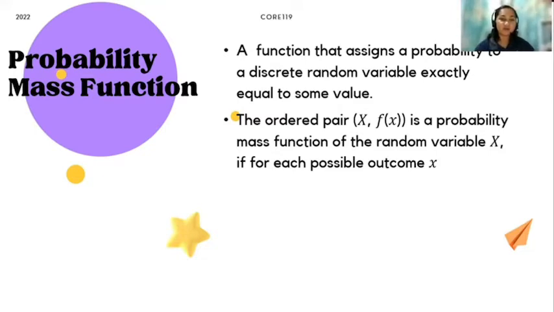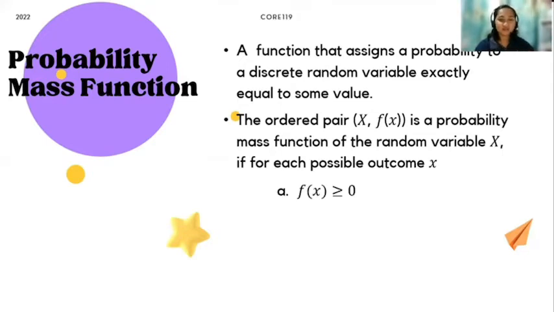Let's say if you have a random variable x with assigned values 0, 1, 2, and 3, we are going to associate a probability for each of 0, 1, 2, and 3. Let's say for 1, we have 0.5 or 50%. So we have 1 and 50%. For 2, let's say 2 and 18%. So it is an ordered pair.